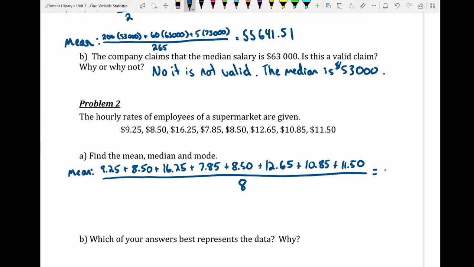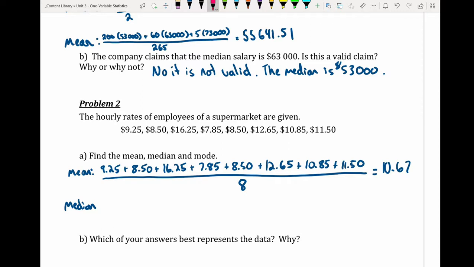And if I did my math correct, 10.67 is the mean or average salary. The next thing I'm going to do is my median. So for my median, I have to go through and arrange these values from lowest to highest.